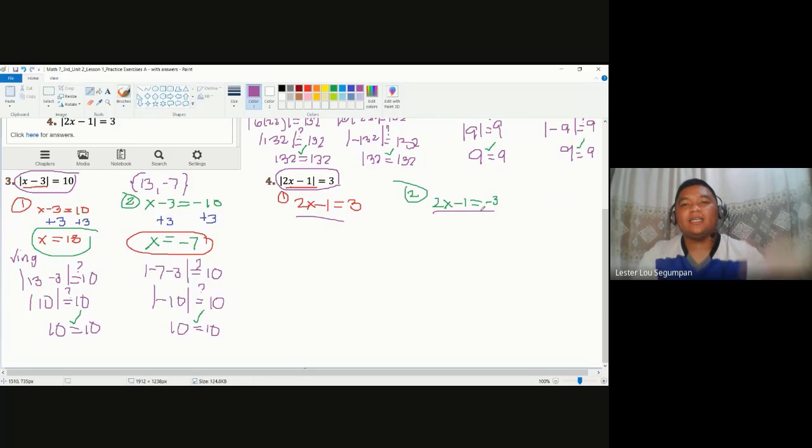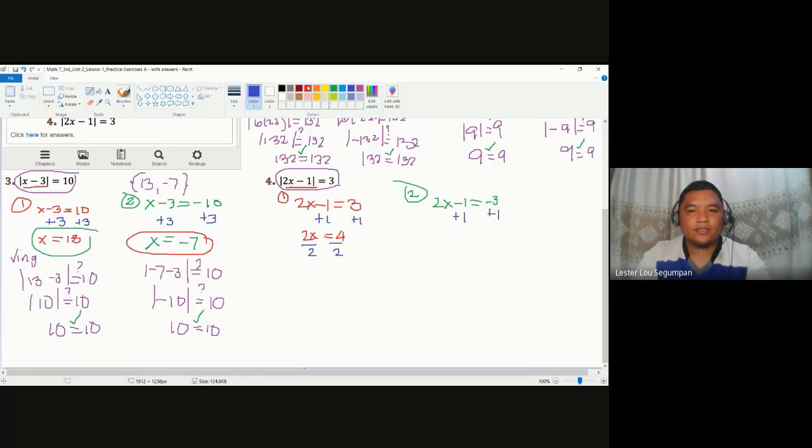That means you need to review the previous grading. Let's start by adding 1 to both sides. Same here, that becomes 0. So you have 2x is equal to 3 plus 1, which is 4. But we are not yet done. We need to divide both sides by 2.